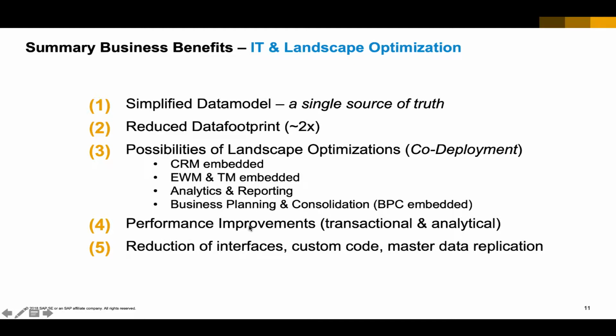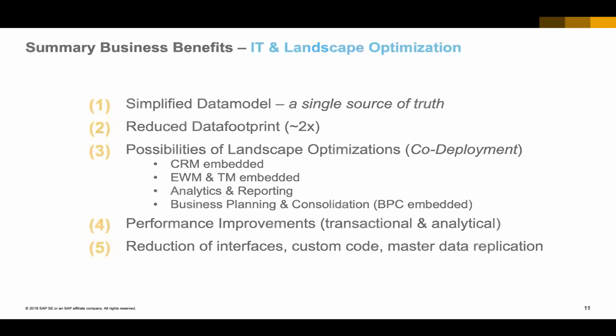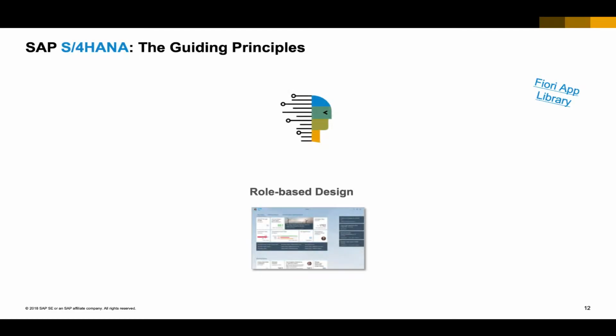And also, for example, in finance, we have the BPC, business planning and consolidation, also embedded. So you don't need a standalone BPC anymore. So S/4HANA gives you a lot of possibilities to simplify your IT landscape. You have a lot of performance improvements, so both transactional and analytical processes are faster than before. And you will reduce a lot of interfaces, custom code, and master data replication, because we have a single instance available. This was about the modern architecture.